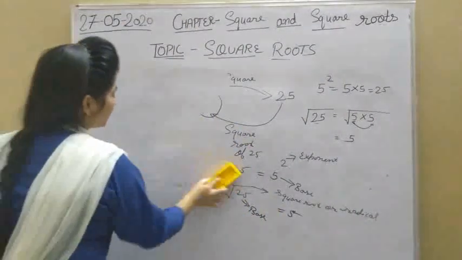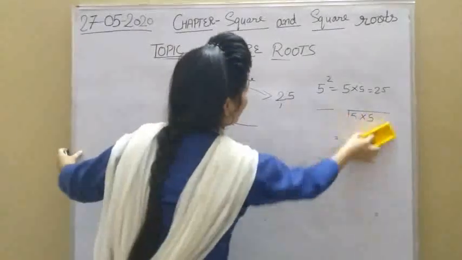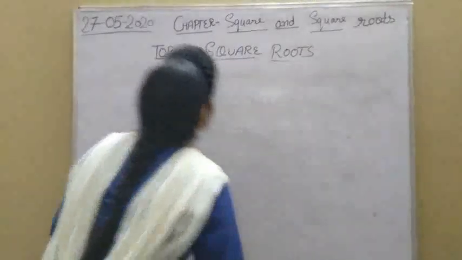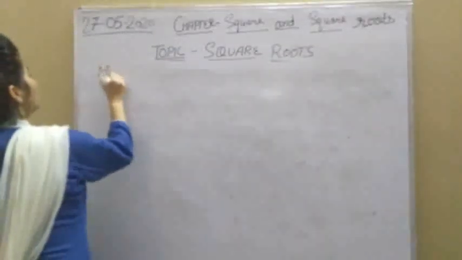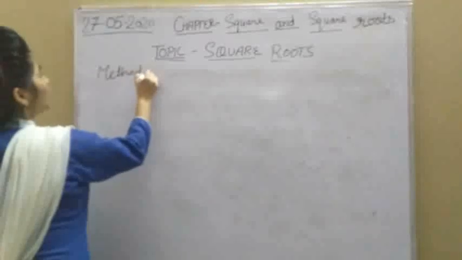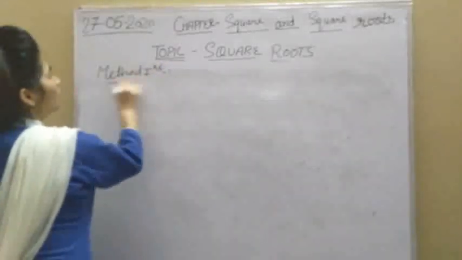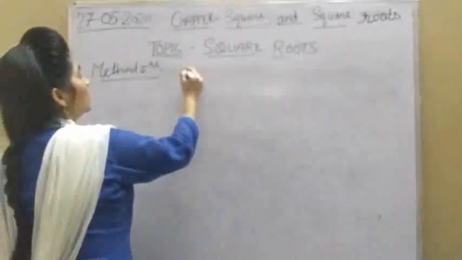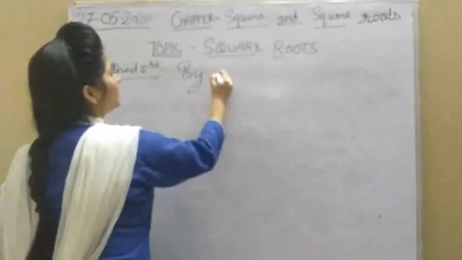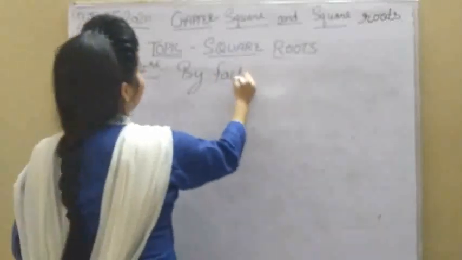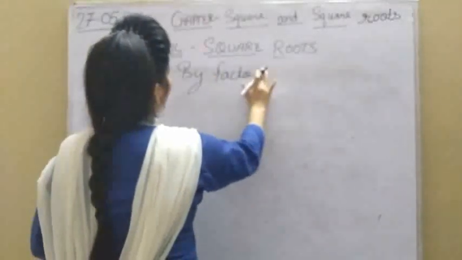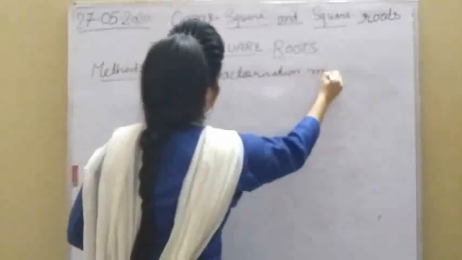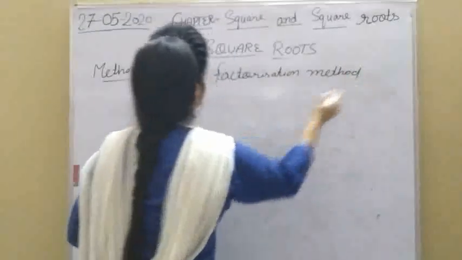Yes, our first method to find out the square root of a given number. The name of the method is by prime factorization method.